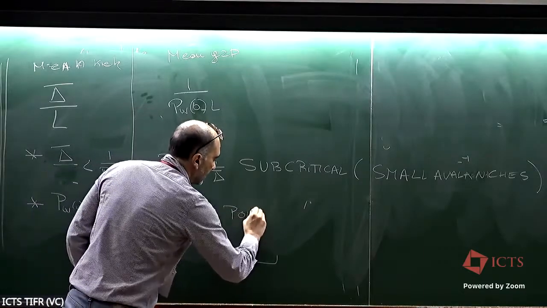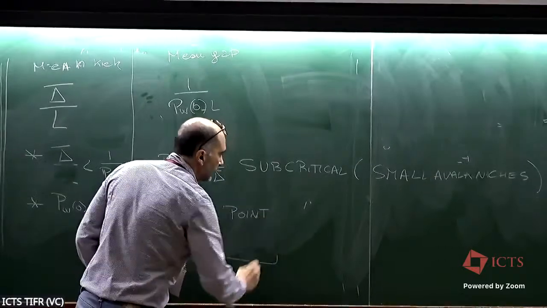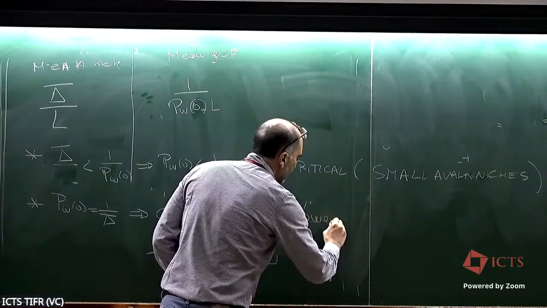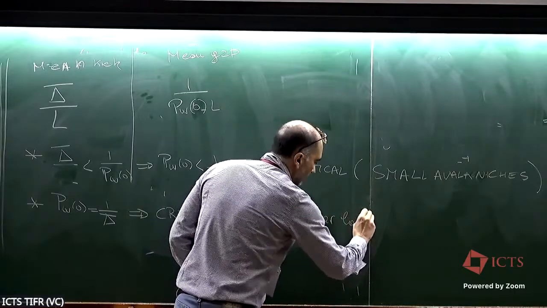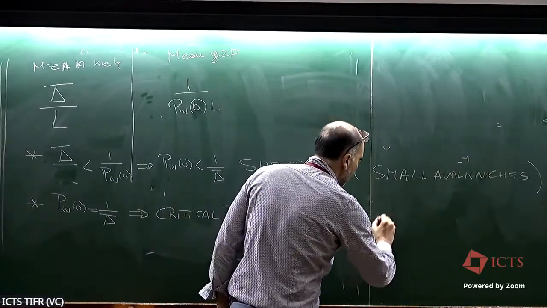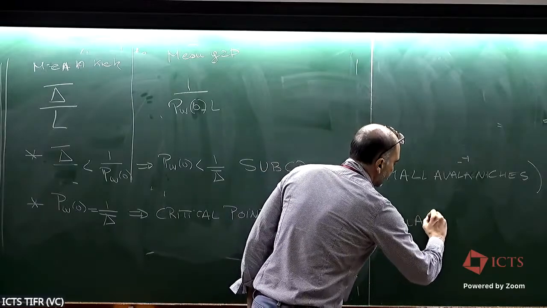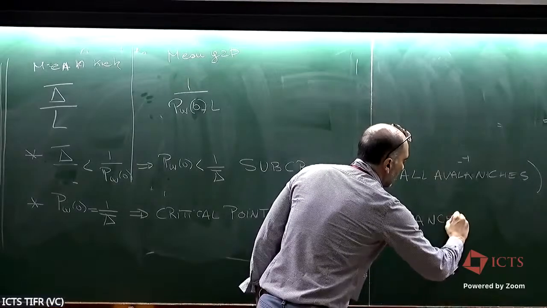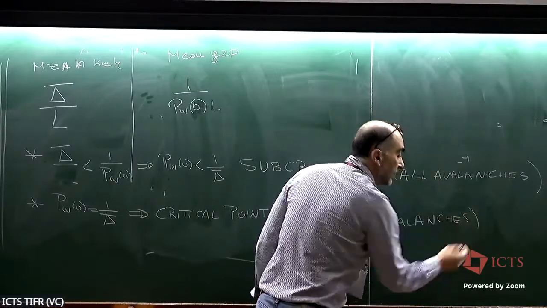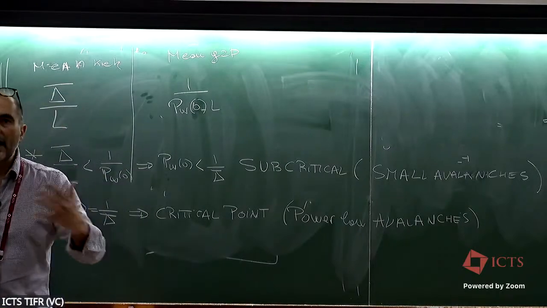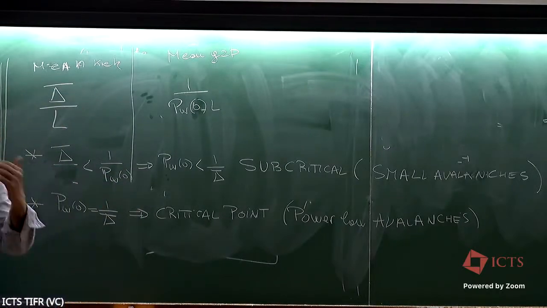It is the critical point, and you expect power law avalanches. I will say more about that. This is the case where you receive a kick which is of the same order as the gap. So every time it is a fair competition between kicks and gap.